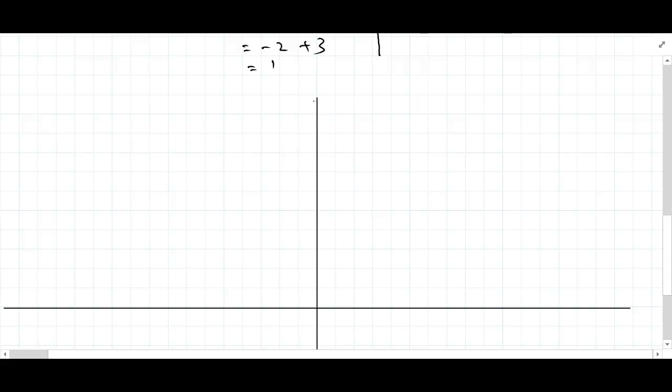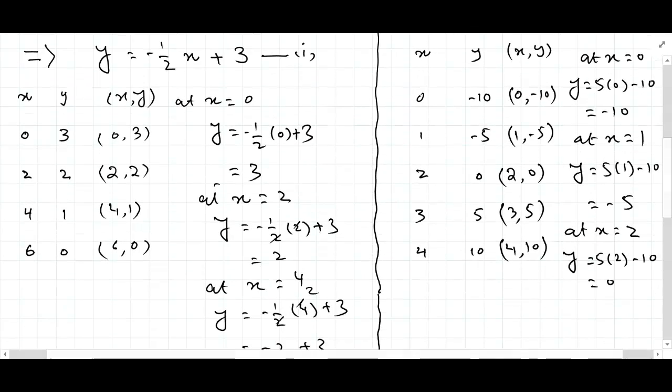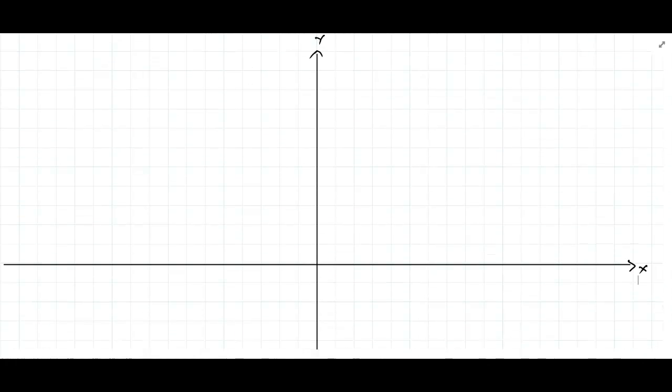So this is the positive y-axis, this is the positive x-axis, and now we draw the first pair of values, which is 0, 3 and 2, 2 and 4, 1. Here this is the origin, this is 0, 1, 2 and 3.